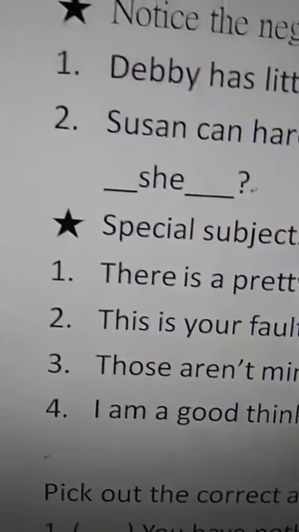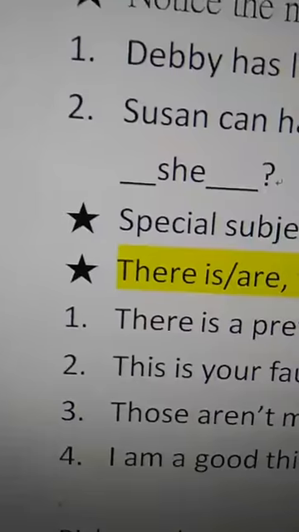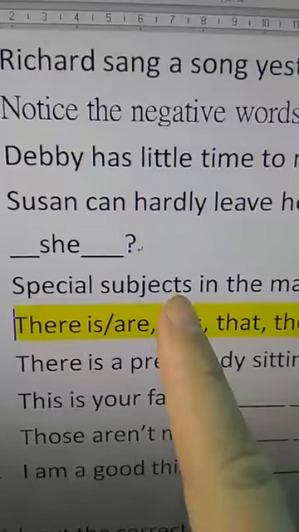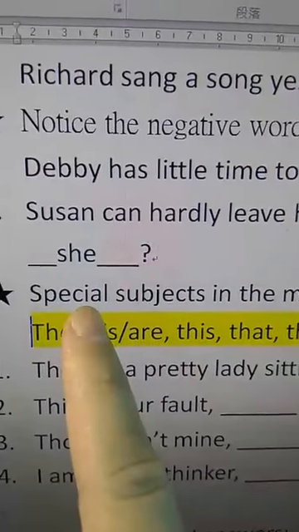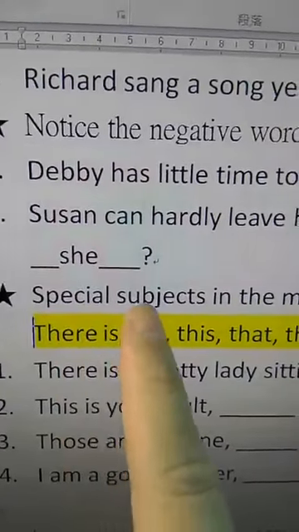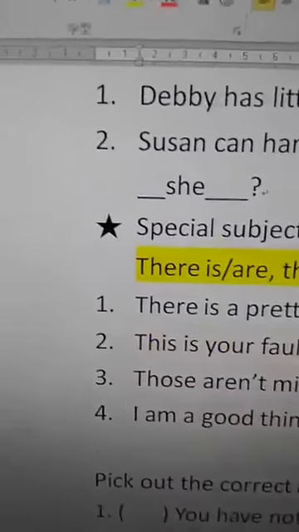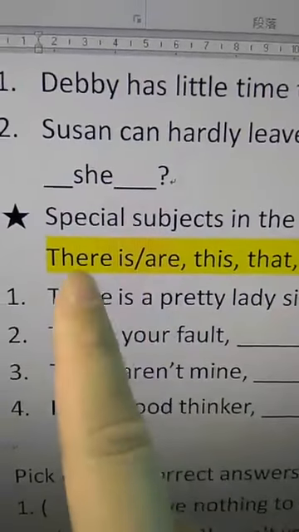So that's some important rules. Okay, and also let's see some special subjects. In some main sentences, you will see some special subjects, like there is or there are.